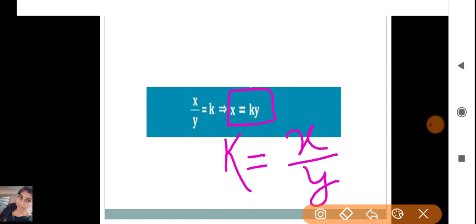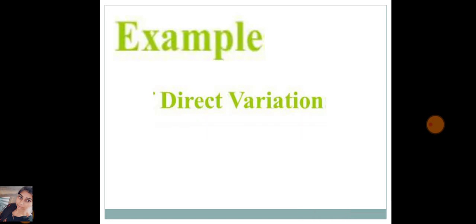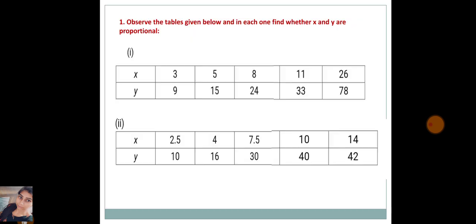So if any two variables are given as directly proportional, then x by y for all the different values will be the same. We'll see one example to check whether this is true or not. So let us see some different examples based on direct variation.